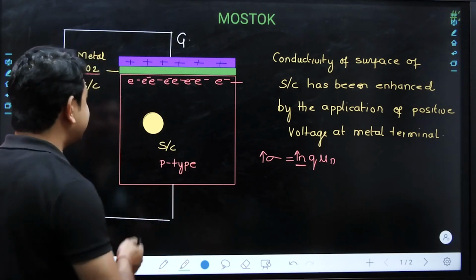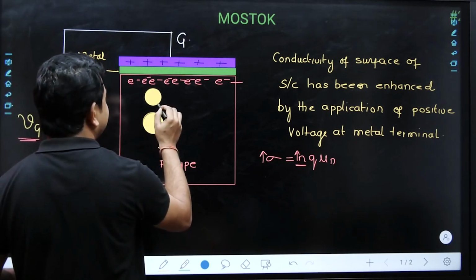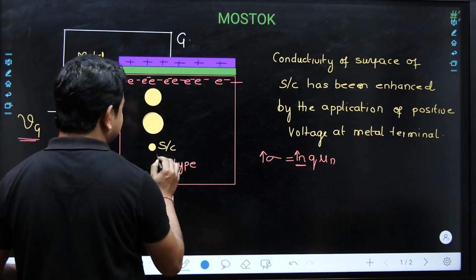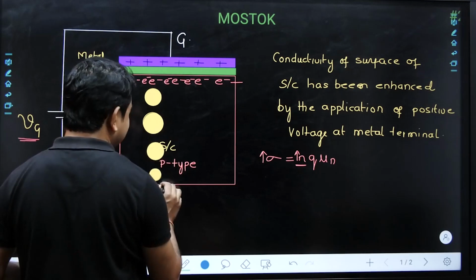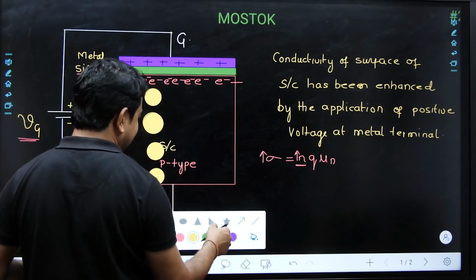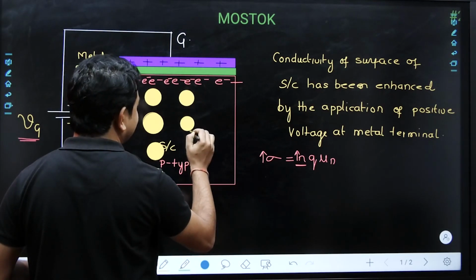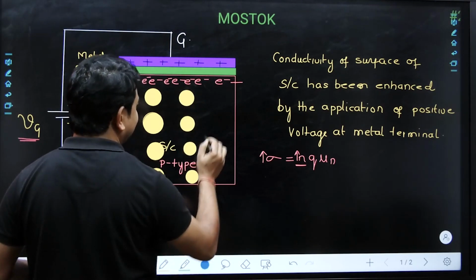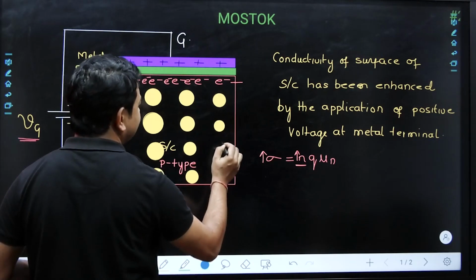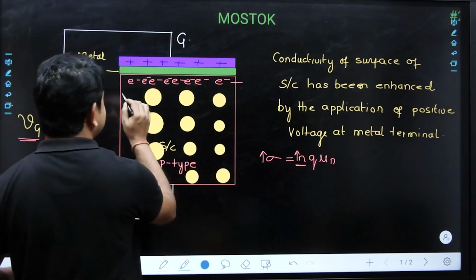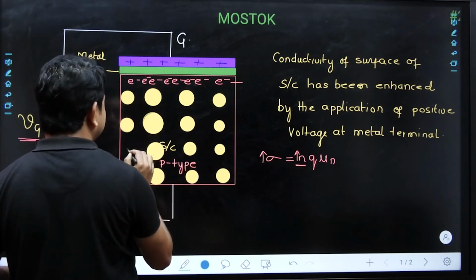This is simply a tetrahedral structure, with many silicon atoms arranged in a tetrahedral pattern. I have arranged these atoms this way because this is two-dimensional, so that you can get the idea.